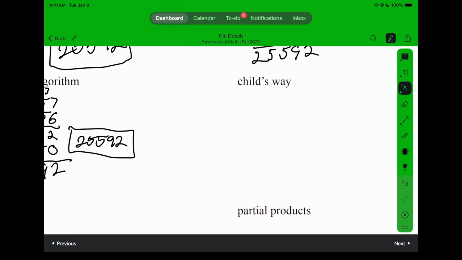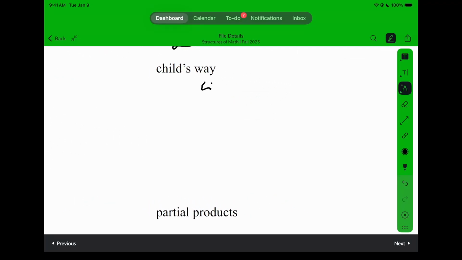Then Child's Way is just going to be the standard algorithm, but a little differently. So 7 times 6 is 42. Put a tiny 4 up there. 6 times 5 is 30. Put a tiny 3 up there. 6 times 4 is 24. Add our 0. 7 times 5 is 35.